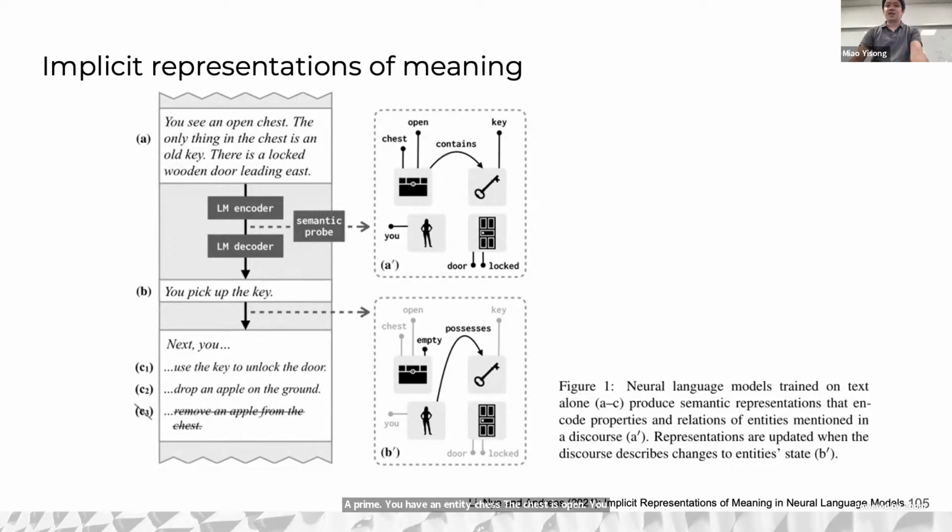You have an entity key; the chest contains the key. You have another entity, door, that's locked. So if you can design a probe that maps the representation of the language model on the left-hand side to the right-hand side, then you have some evidence that the model can learn some meaning.